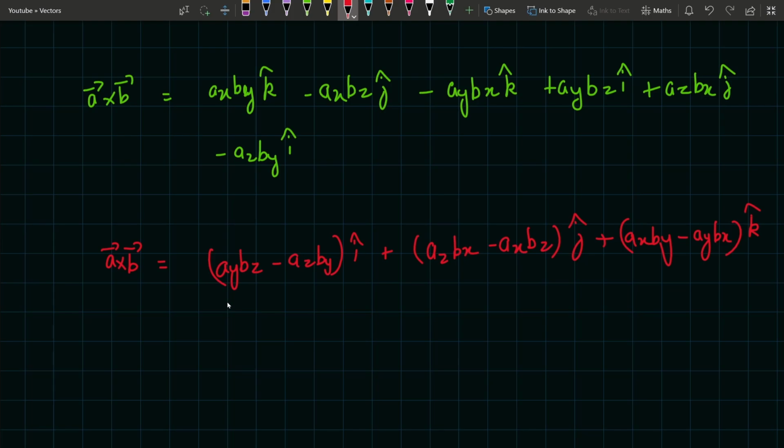I know that this is a little lengthy, but we can do the same thing in an alternate way, that is using determinants. If you are a math student, you will know what a determinant is, but if you don't know, don't worry, I'll teach you how you can do cross product using determinants step by step.